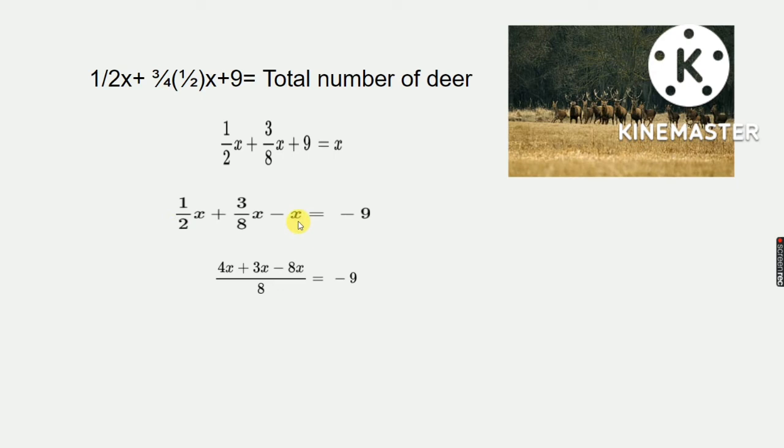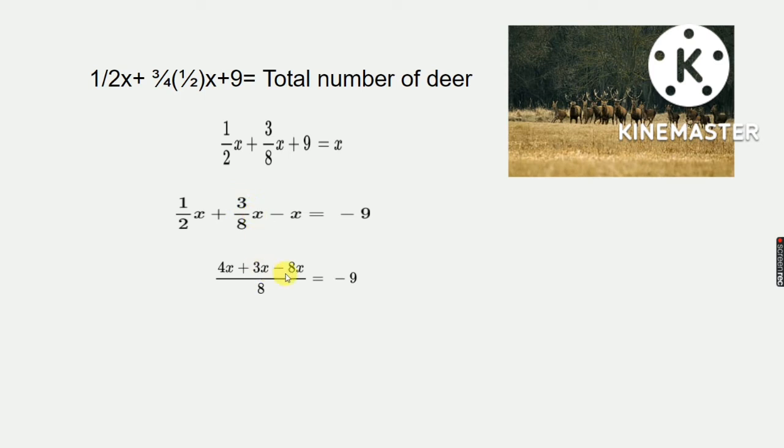It came to 8. Now solving this, dividing 8 by 2, we got 4. 4 ones are 4, so 4x plus 8 divided by 8, 1, 1 multiplied by 3x is equal to 3x, minus.